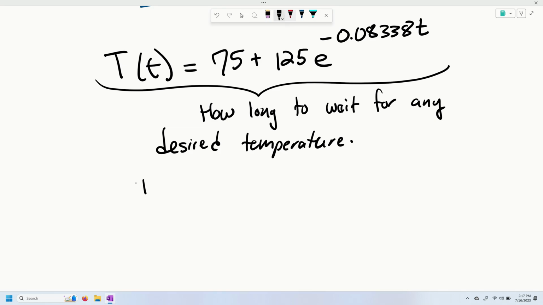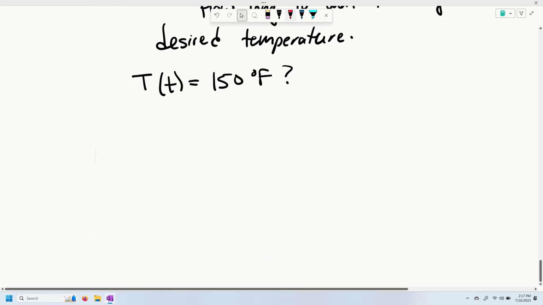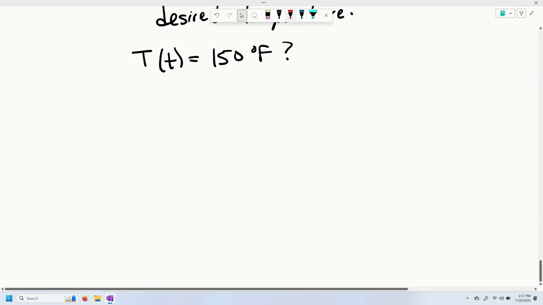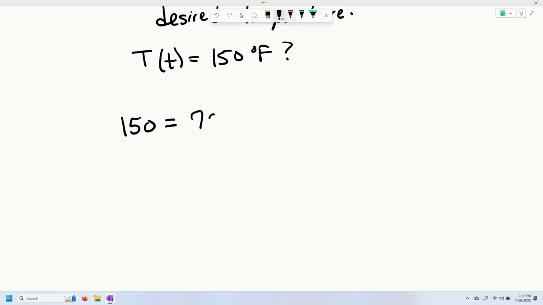So what we want to know is, how long do we have to wait for the temperature to be 150? Well, that's really, really straightforward. All we have to do is substitute in our temperature, which is 150, and that's going to equal 75 plus 125e to the negative 0.08338 t, and we just have to solve for t.